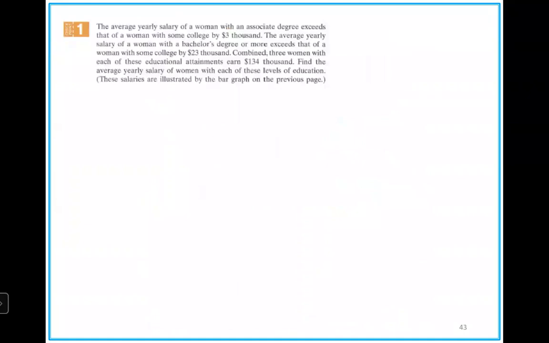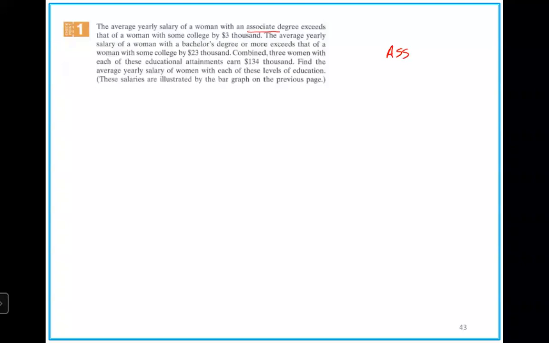Okay. So who of the three that we have here, who earns the least amount? Some college. Okay, the average yearly salary of a woman with associate degree. We have associate degree, that's the first one.